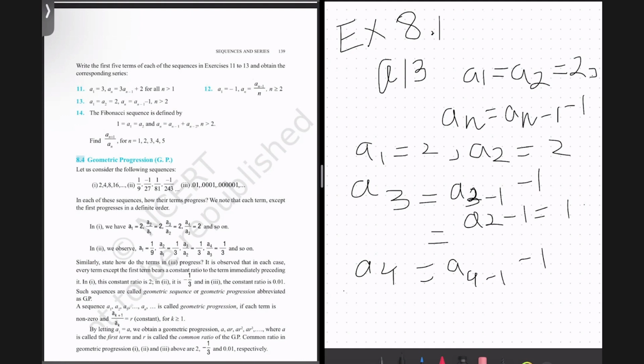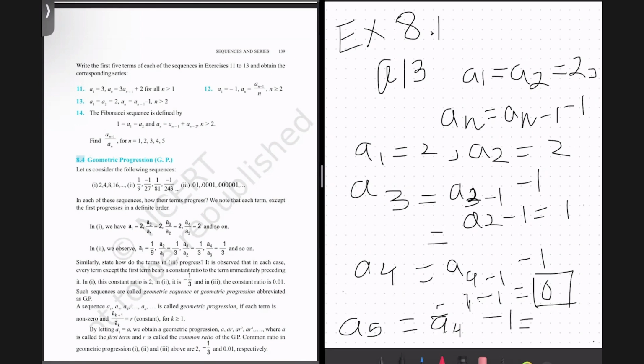So a of 3 is 1, 1 minus 1, and that is nothing but 0. Right. For a of 5, I have a of 4 minus 1. So a of 4 is nothing but 0, and 0 minus 1 is minus 1. Correct. So I have 2, 2, 1, 0 and minus 1 as the series. Right. So that was the 13th question as well, right?